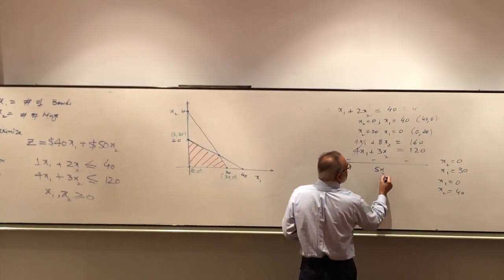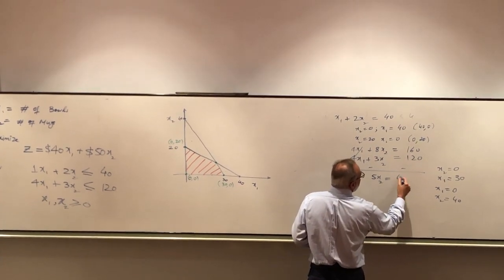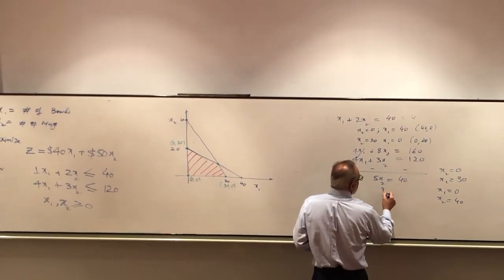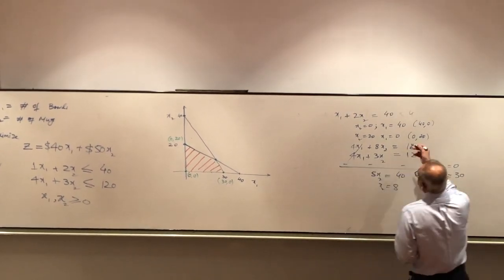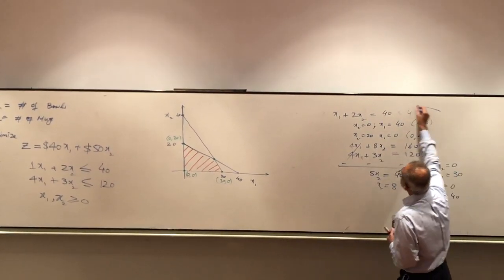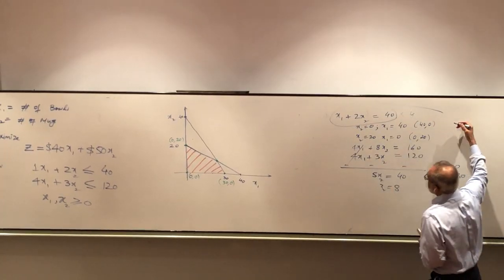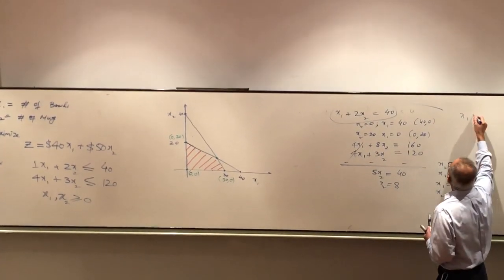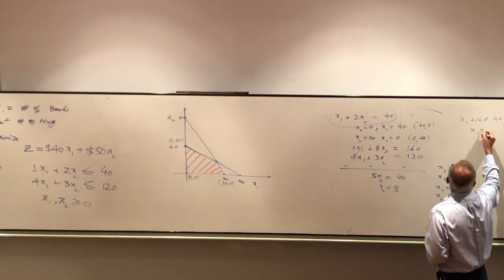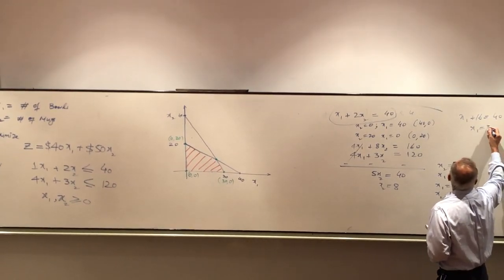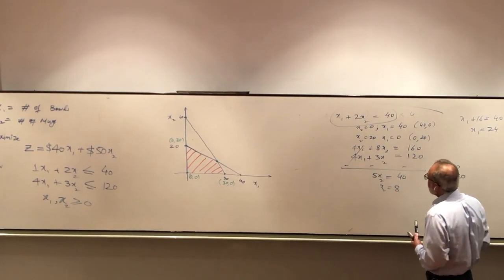So 5x2 is equal to 40 and x2 is equal to 8. And put this in any equation, this one, x2 is 8, so x1 plus 16 is equal to 40 and x1 is equal to 24.